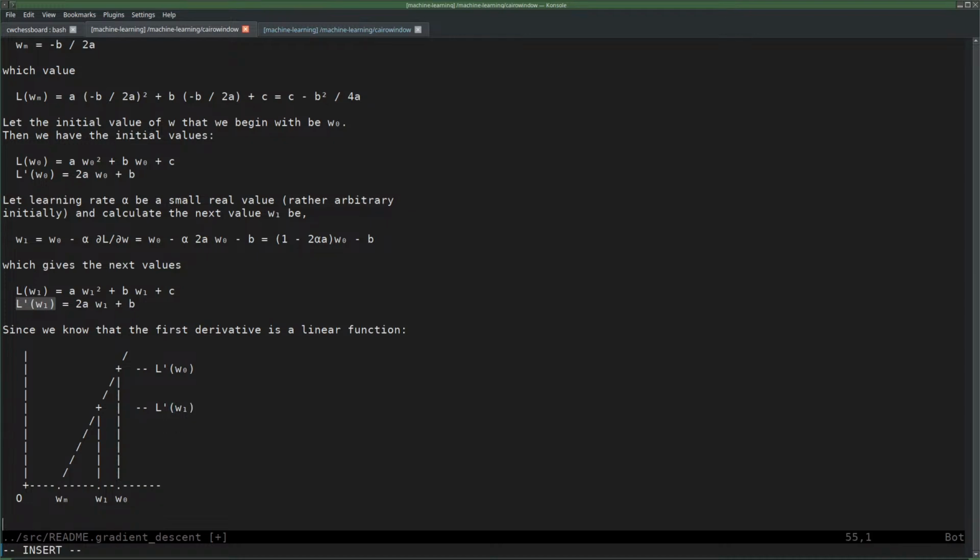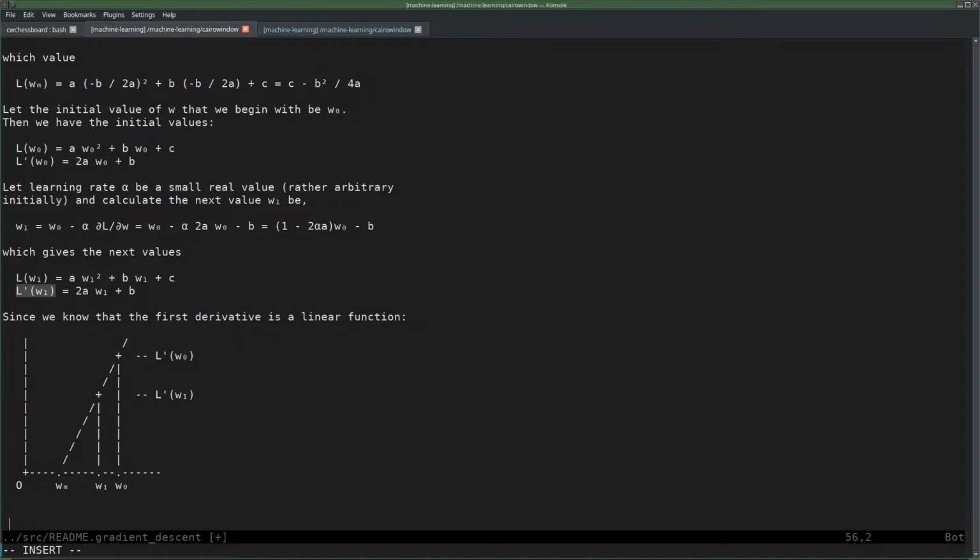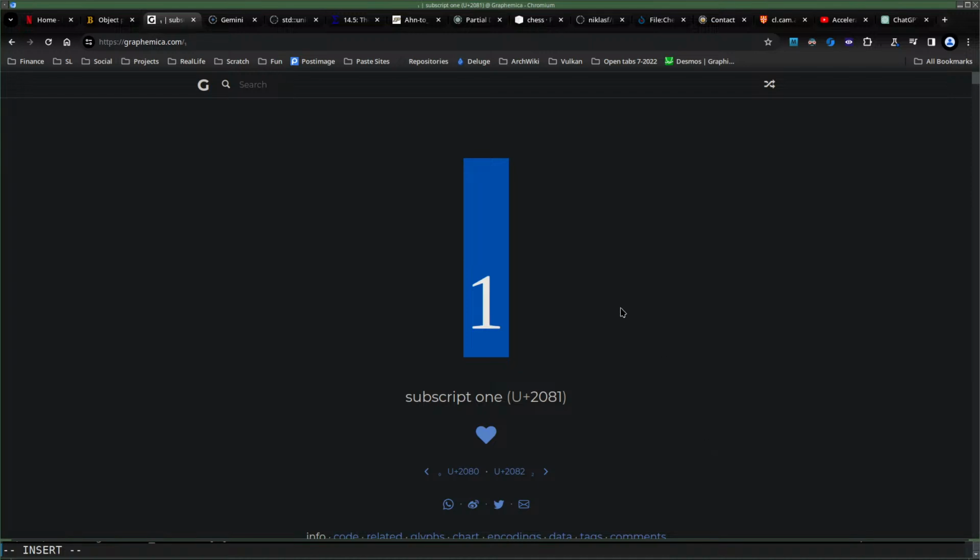And from that we can conclude that Wm is something, but really we have L equals some steepness factor. Oh, I'm going to use a Greek letter.